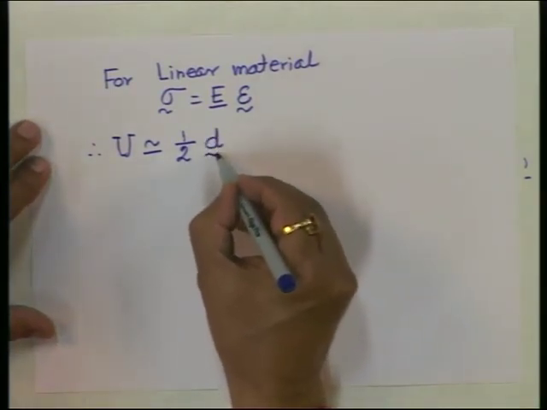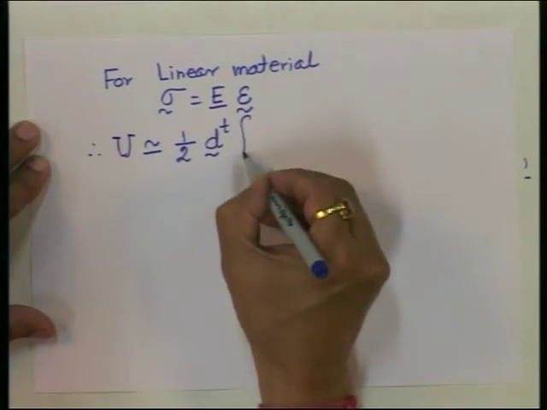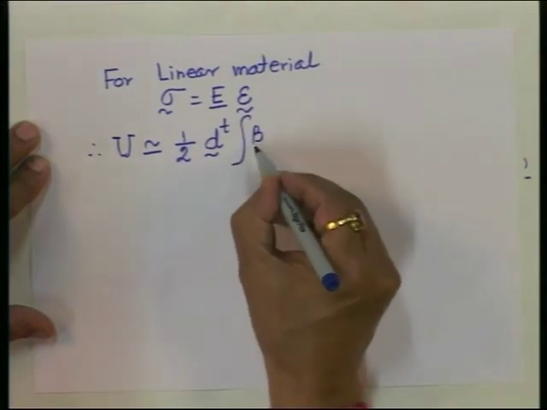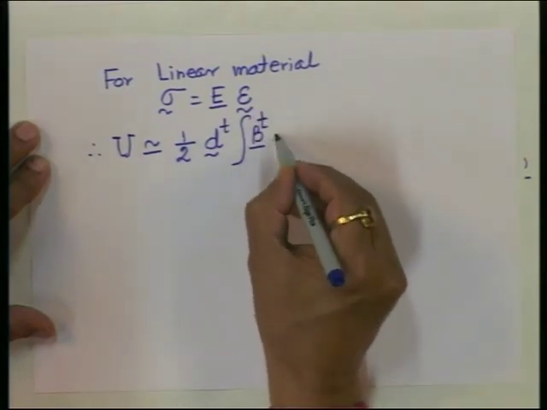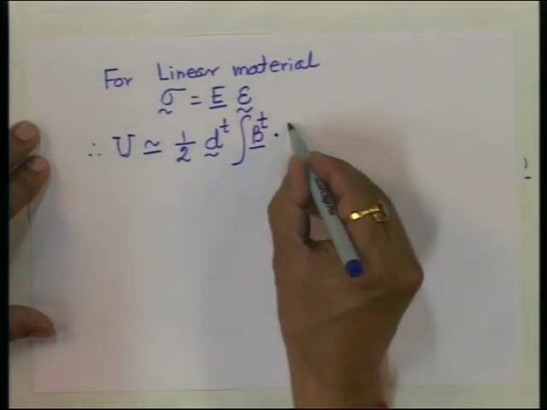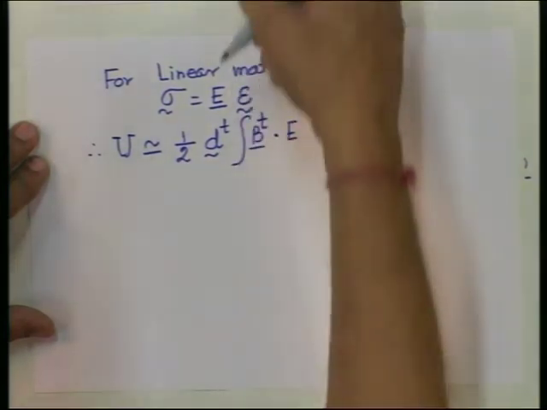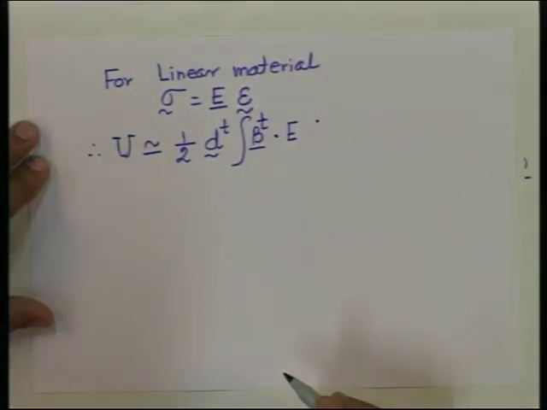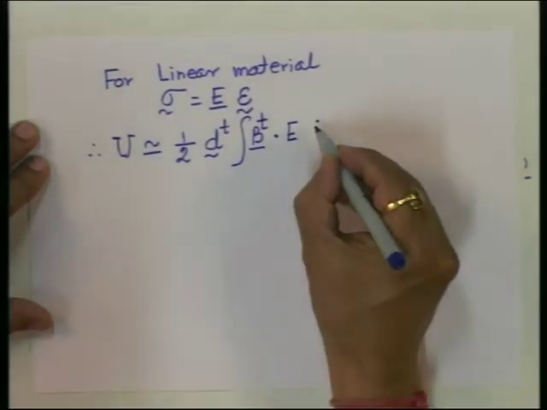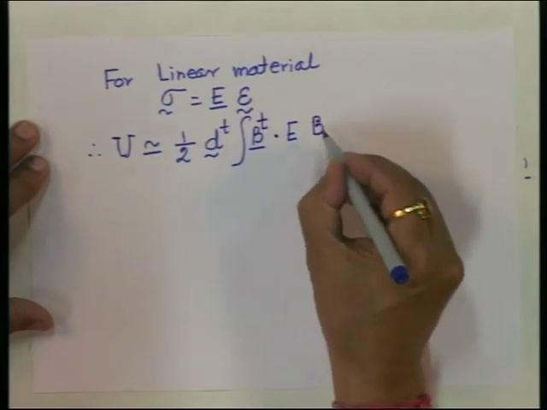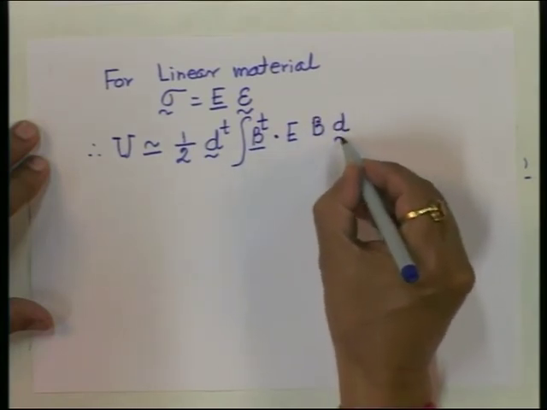So, it is D transpose integral B transpose, then sigma is E times strain, and E times strain can be written as B times D. So, I can also write this B into D.